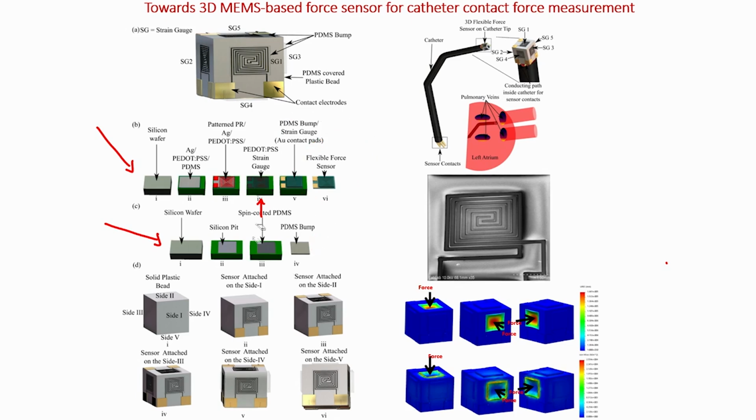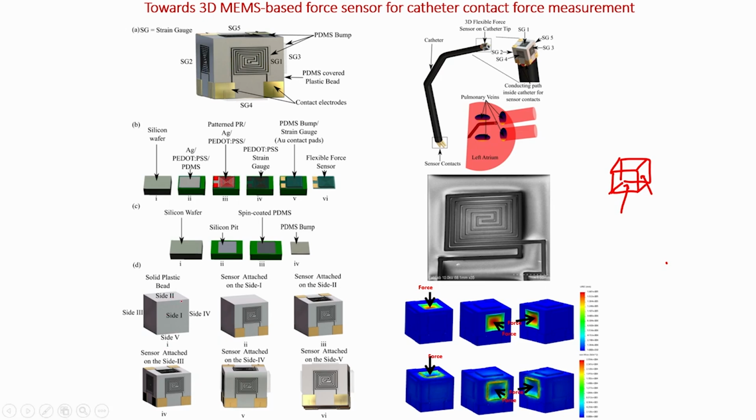Now once you have the flexible force sensor, what you will do, you will take a bead, a small cube like this, right, and on each side of this cube you will stick one sensor. So how many sides are there? Side 1, 2, 3, 4, 5 and 6, right.